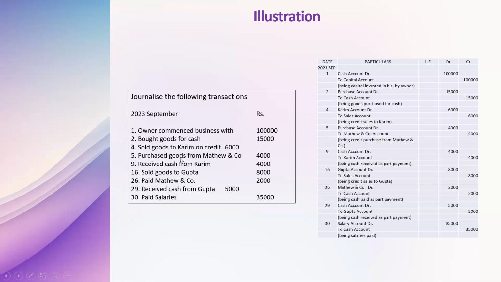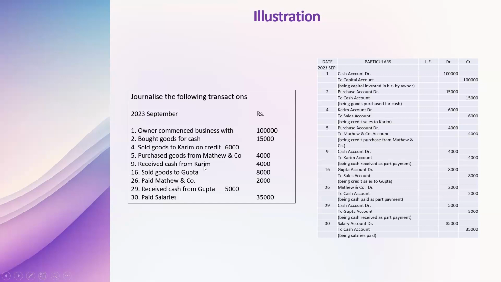Credit. Exactly, because cash is not mentioned here. So we have to take it as a credit. So purchase account debtor to Matthew and company account creditor.